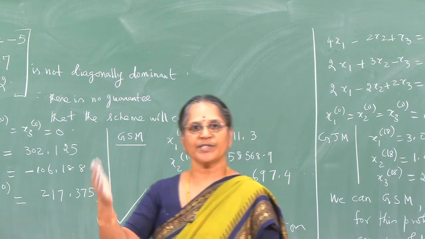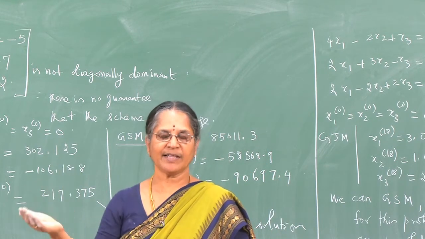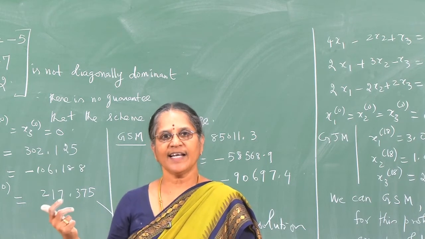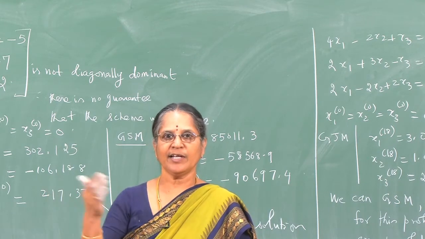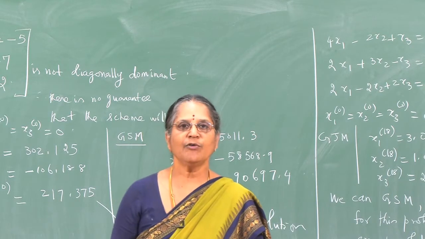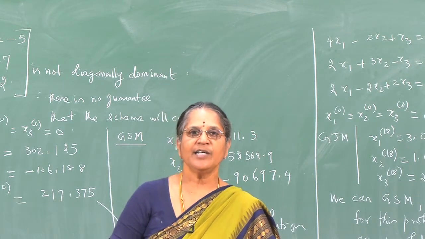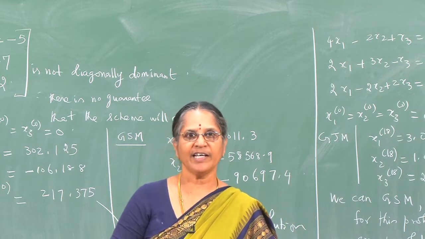This was used when we described Gauss elimination method. Then we said that we may have to divide a particular equation by a very small quantity when we apply Gauss elimination method, in which case the round off errors will become very large.